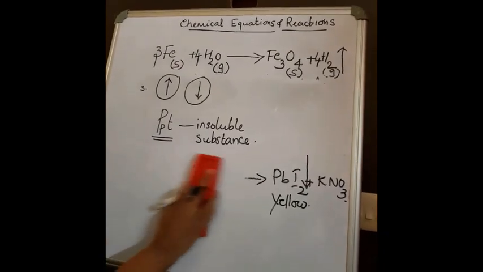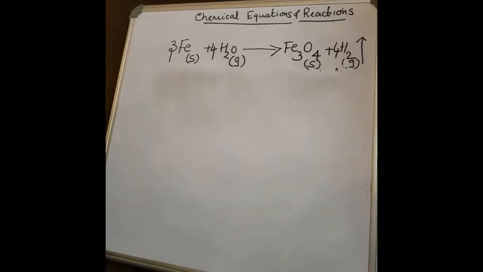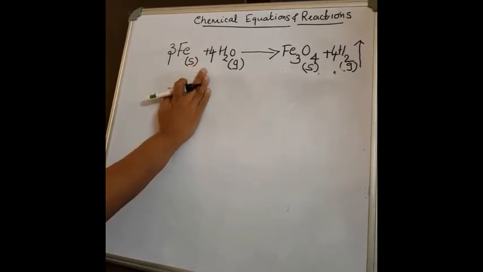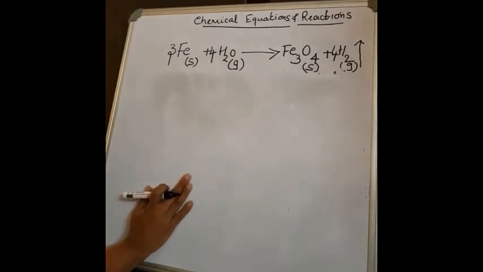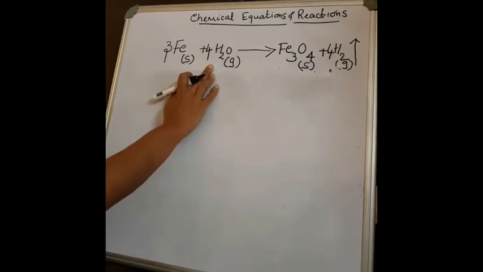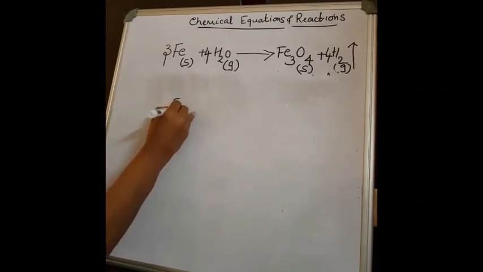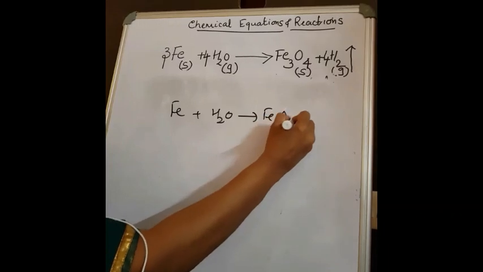Okay. Now, as I said, the physical state in an equation is informative, but normally when you write an equation, we won't put the physical state unless the equation demands it. That is why I wrote this special equation. For example, you can simply write Fe plus H2O gives Fe3O4 plus hydrogen.